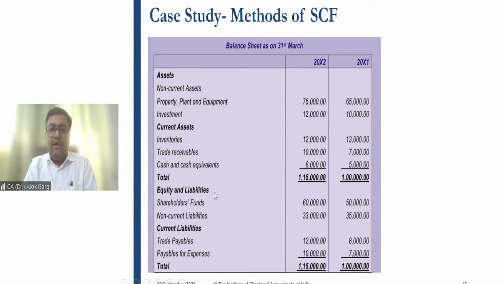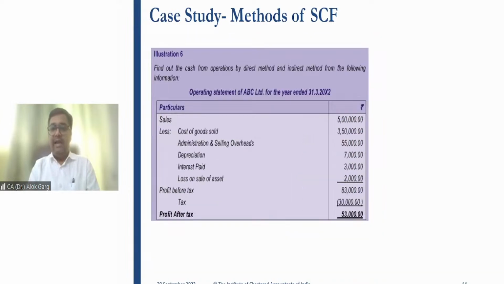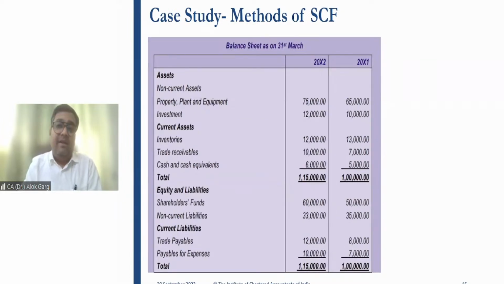Please remember, the opening balance of the customer is 7,000, the debtor's balance, and the closing balance is 10,000. So opening 7,000, closing 10,000. And there was a sales also for 5 lakh rupees. So opening 7,000 plus sales of 5 lakh, technically we would have received 5 lakh 7,000, right?